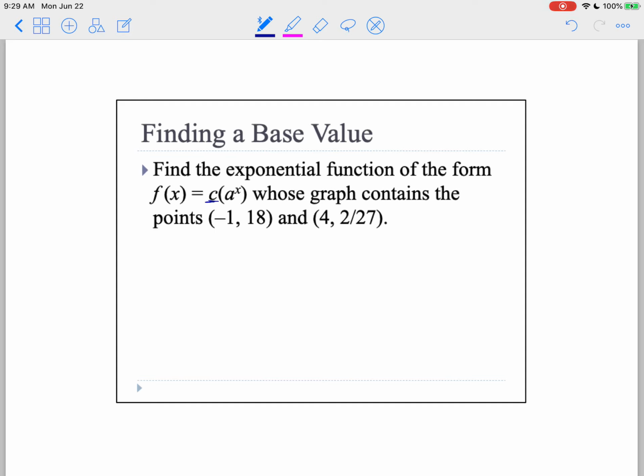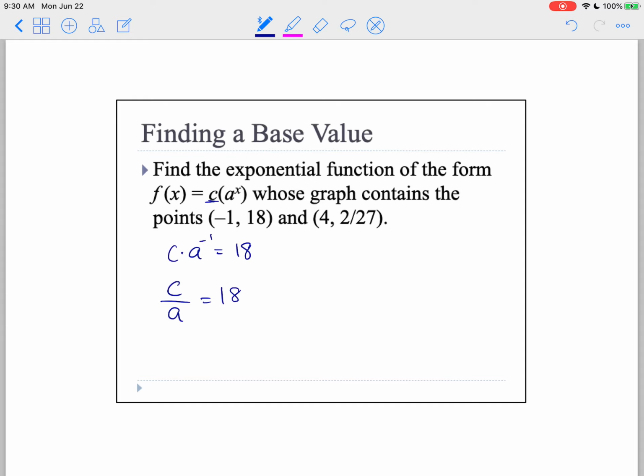Okay, so when I plug in negative 1, 18, I'm going to get C times a to the negative 1 equals 18, which means that C divided by a equals 18.